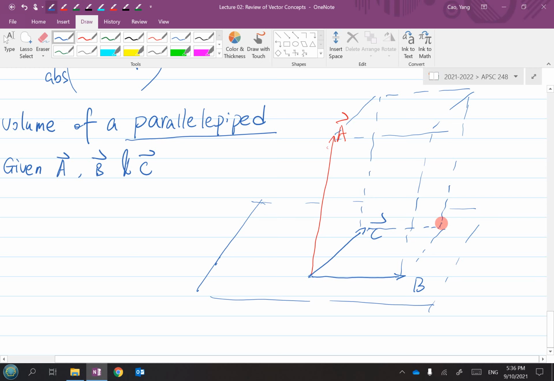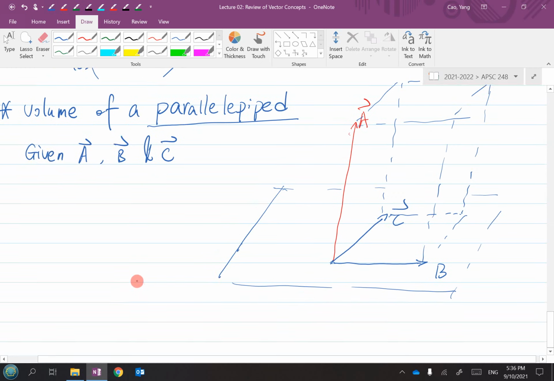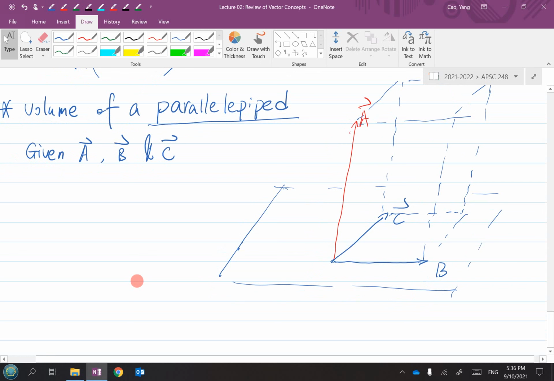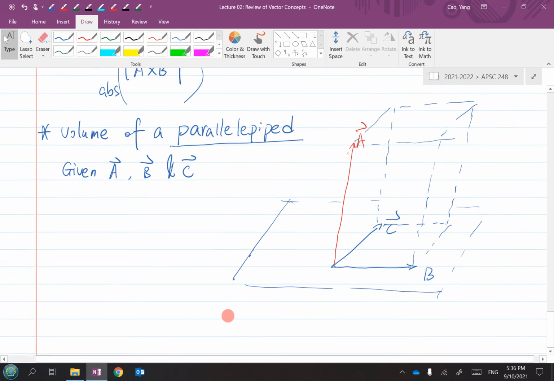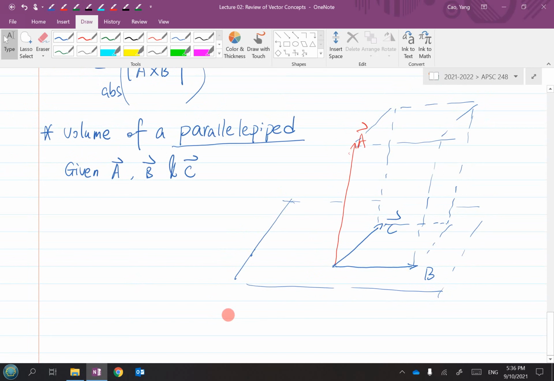And this geometry is called a parallelepiped. Now we're trying to find its volume using the given conditions, which are the values of the A, B, C vectors. So that's the idea. This is not just simple geometry; we're now making use of the given A, B, C vectors to derive the formula.